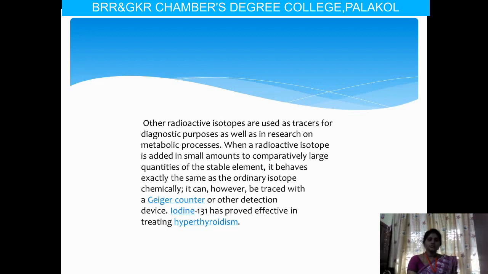Iodine-131 has proved effective in treating hyperthyroidism, and we can treat diseases like cancer too. Not only cancer, we can also diagnose diseases caused by viruses, like HIV, using different radioisotopes.